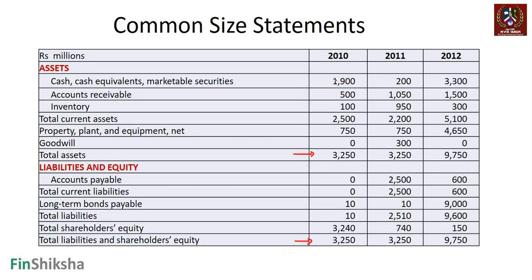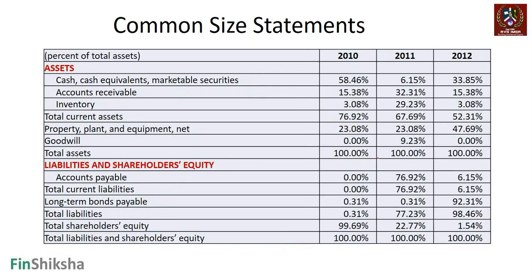Every number on the asset side has to be divided by the total assets number, and each number on the liability side has to be divided by the total liability number of that year. So 1900 gets divided by 3250, then 500 gets divided by 3250, then 2500 gets divided by 3250, and so on.